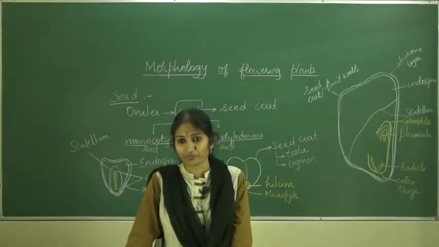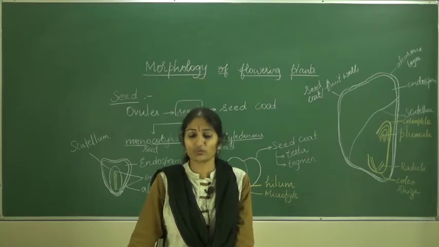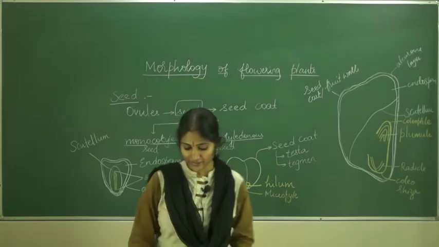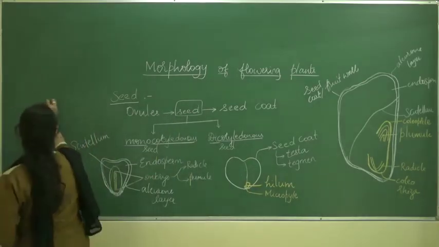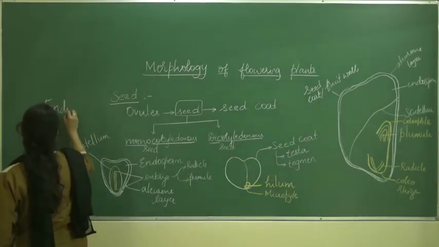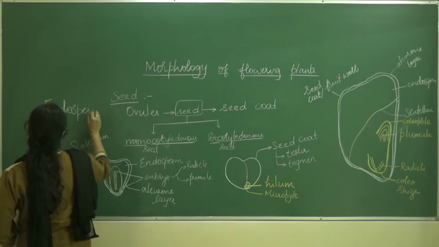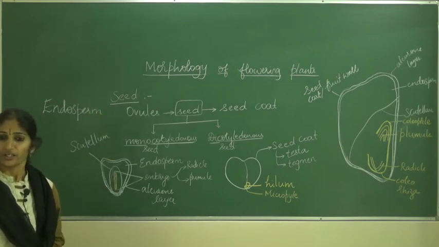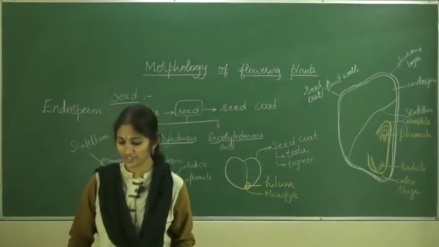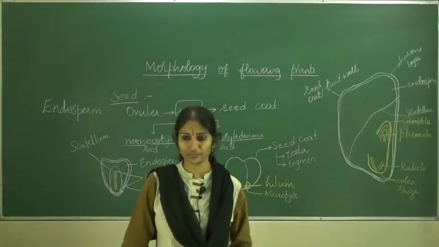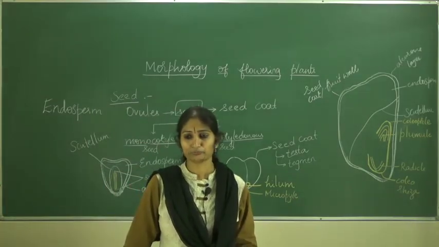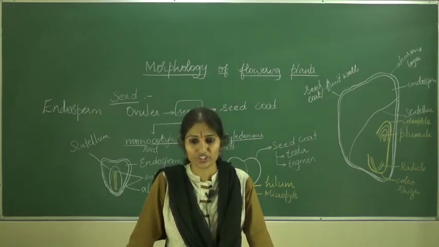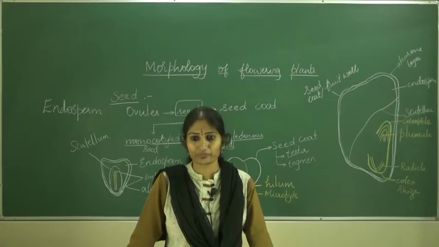Now in seeds, we would like to talk about one particular part, and that part is what we call the endosperm. Endosperm is one region in the plant which provides a good amount of nutrition to the growing seed.